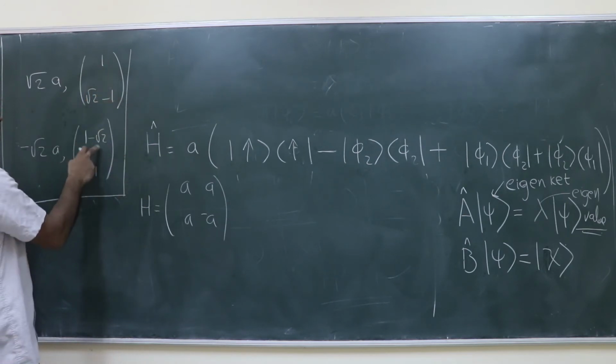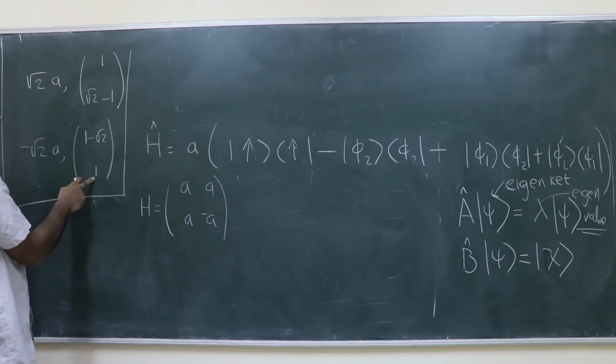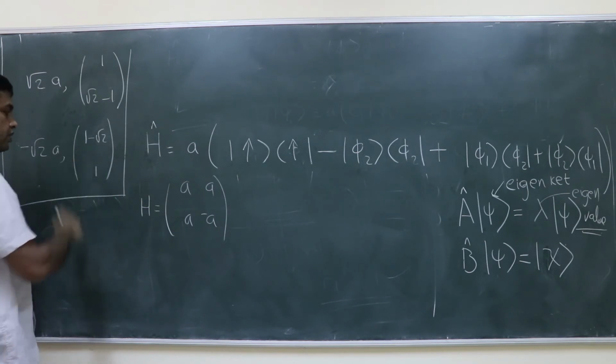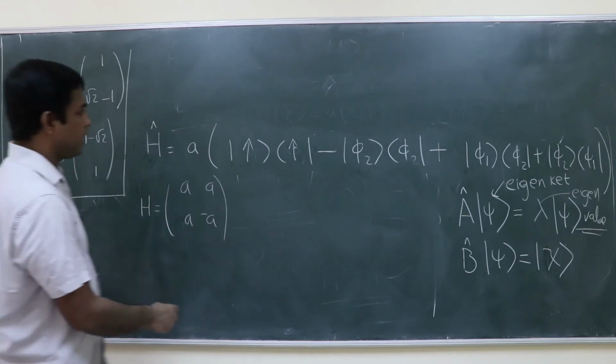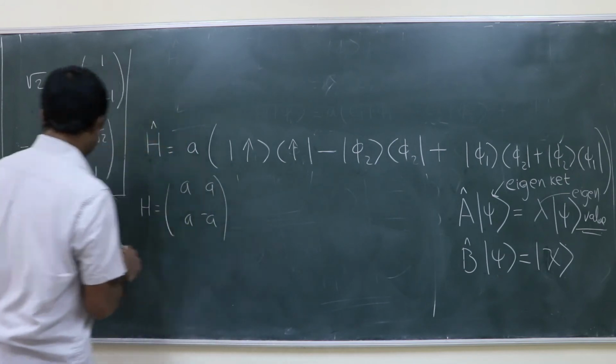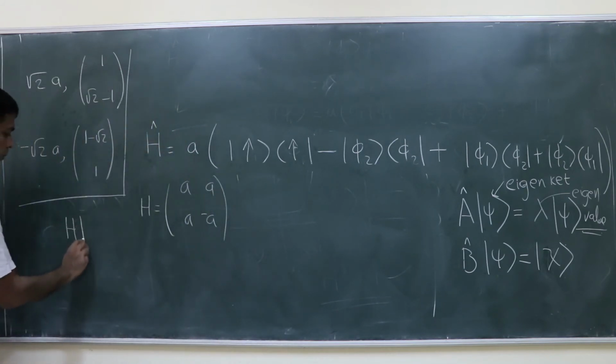So in this case also, instead of choosing y is equal to 1, you can choose x is equal to 1. There is no issue, that is up to you. Only, it basically has to satisfy this condition, right? So as a matrix thing, H times the vector equals lambda times the vector.